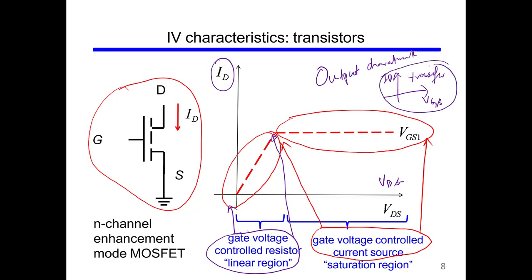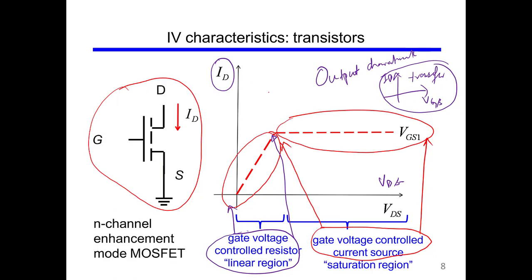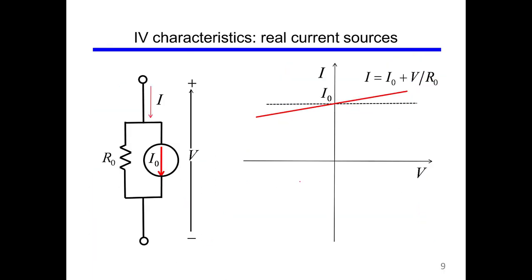So this is our output characteristic, ideally, but you know that the world is not ideal. Actually we don't have any ideal current source that gives us a constant current.